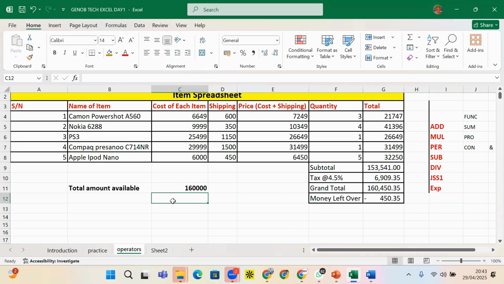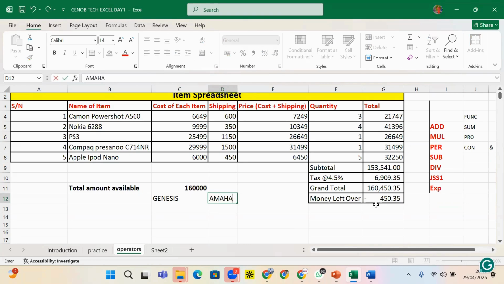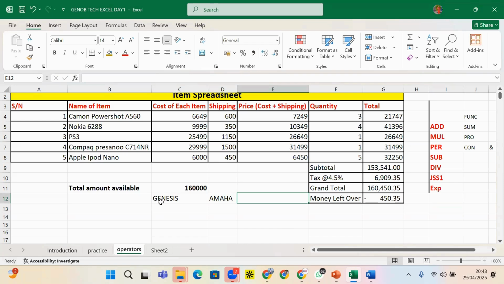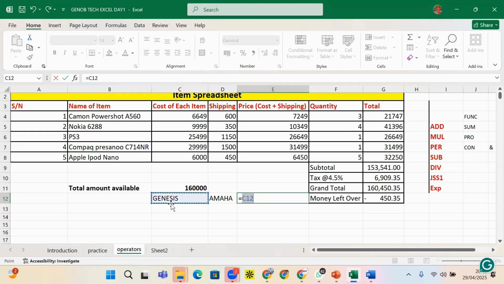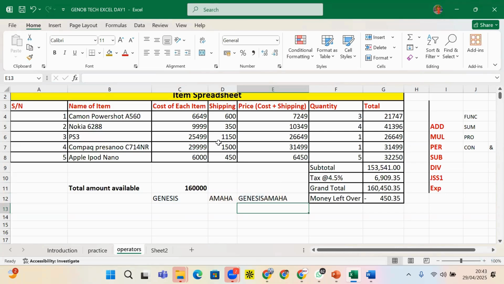I have column Genesis and I have Amaha here. Then I want to put the two names together to say Genesis Amaha using concatenation. So equal to this, which is C12 and D12. I enter. We now have Genesis Amaha, but it is joined together, right?